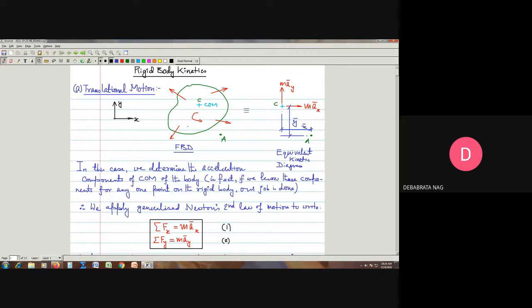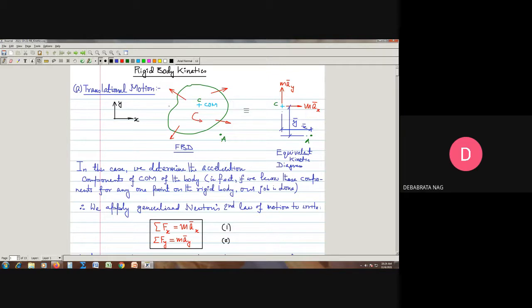And here we must be careful to show all the necessary external effects acting on this body. So it should take care of all external forces as disclosed in the free body diagram.